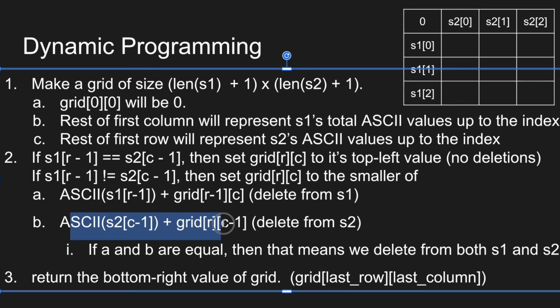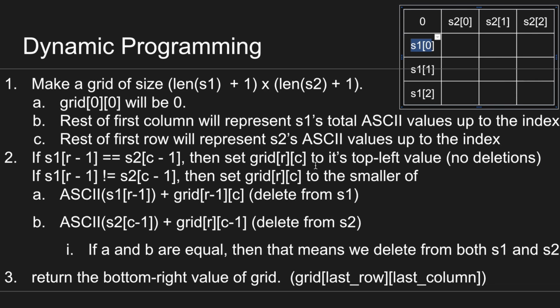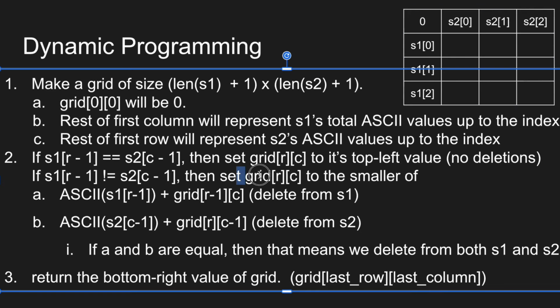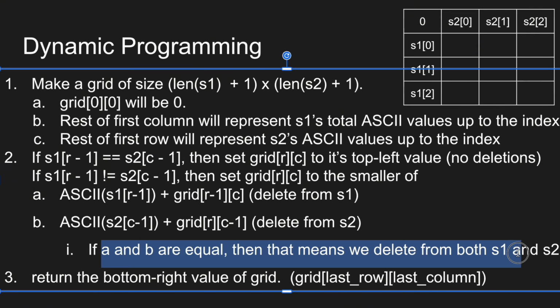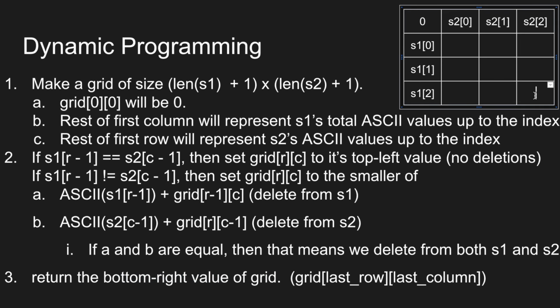Now this other option would be we add whatever is here, meaning we will delete this, and then we will take whatever we have on the left side, so the previous column, and we will set the grid to the smaller between A and B. Now if A and B are equal, that means we will delete from both S1 and S2, meaning we'll delete both characters, and then we can set the grid to either this or this, since they will be equal. And finally, when we get to here, we will return the bottom right value of this grid, which will be right here.